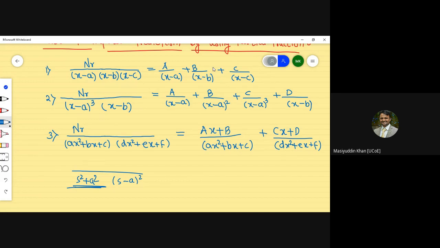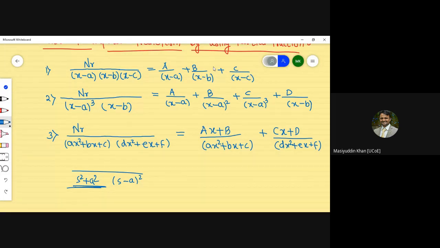The problem statement will be given clear cut, like the earlier numerical we solved, 1 upon s square plus 3 square, and s square plus 2 square or 4. The same numerical will be given, and the statement is clear cut: you have to find the inverse of Laplace transform.